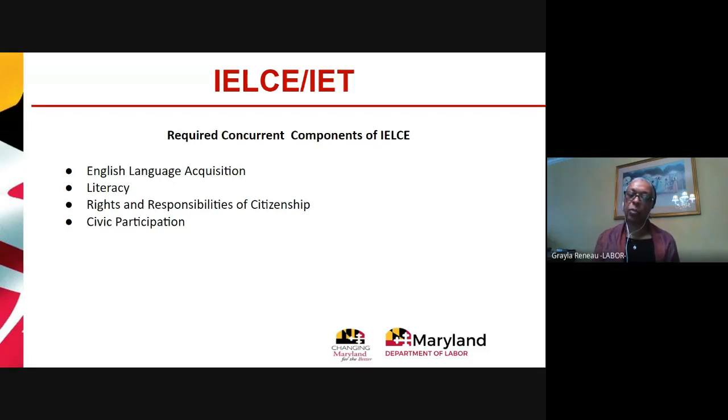So once again, for IET, it is required that you provide access to the integrated education and training. Your students do not have to take part in that IET because it may not be a career field that they want to go into, but it must be there for them to take advantage of. Next slide, please.